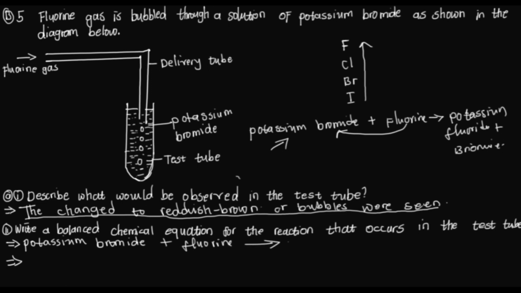Then we have the products potassium fluoride plus bromine. Okay, so we can see that the fluorine displaced the bromine. So therefore, this is what we call a single displacement, because one element was displaced. So the one that is being displaced is less reactive. Then the one that does the displacing is more reactive.